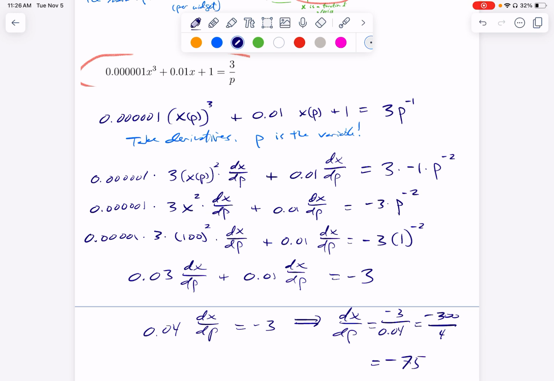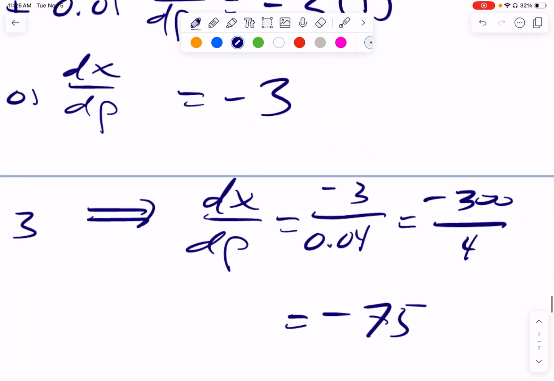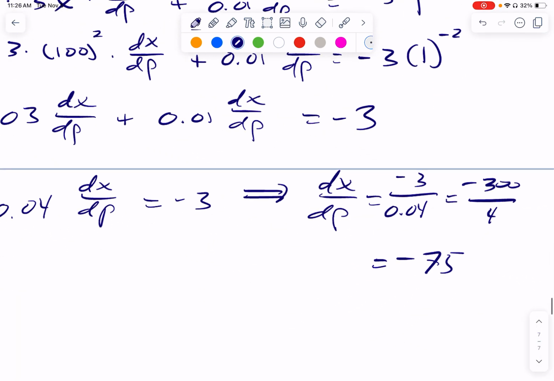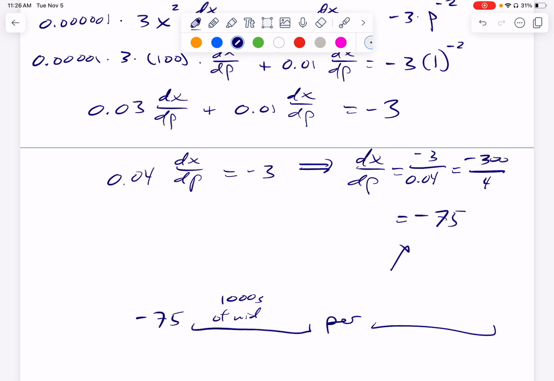And what have we calculated here, right? This is the rate at which X changes compared to price, right? So really, let's put some units on this. Negative 75 something per something. X is measuring quantity in thousands of widgets.